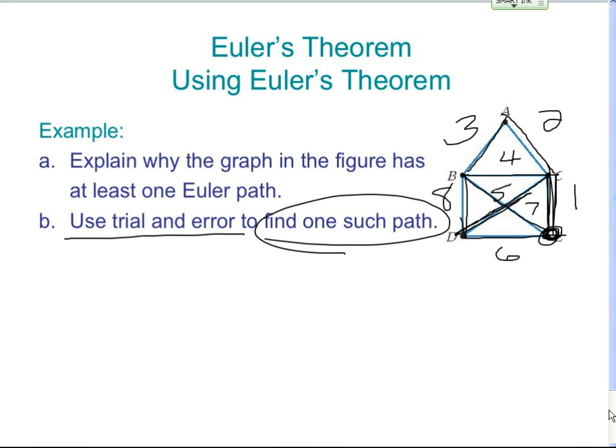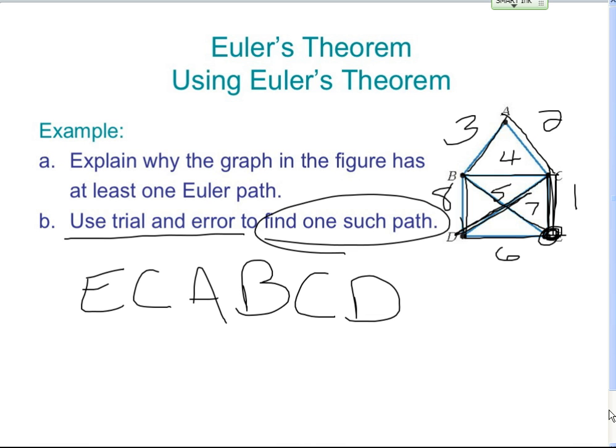So we went E to C to A to B, back to C, D, E, B, and D, I believe, was the path we used.